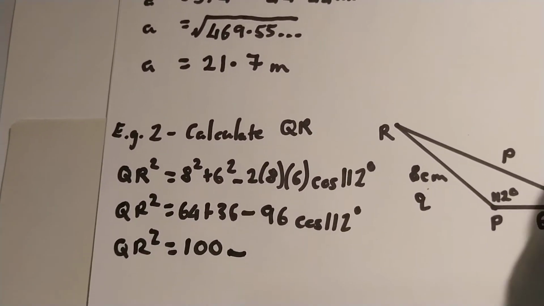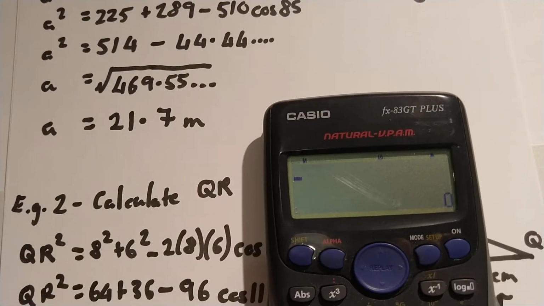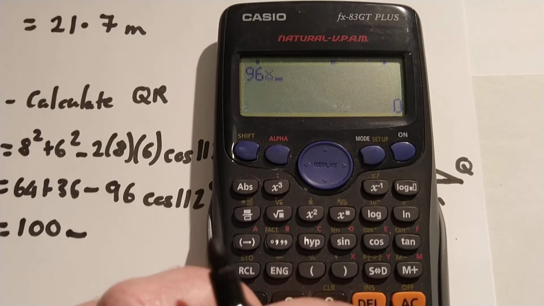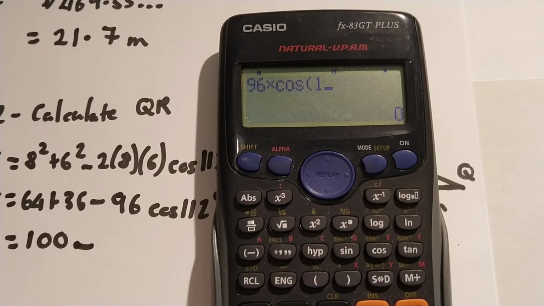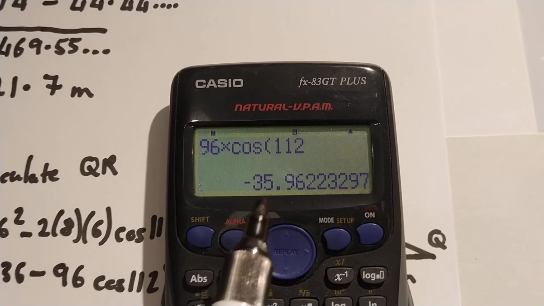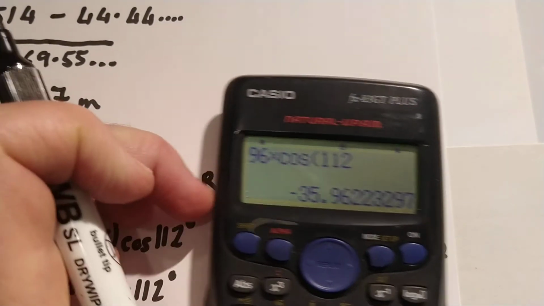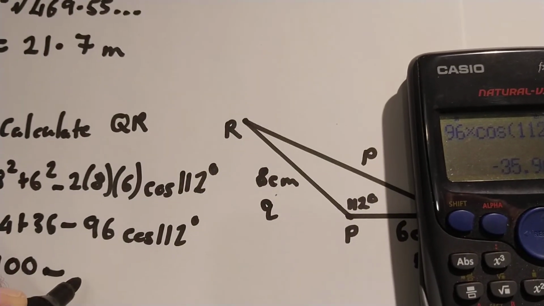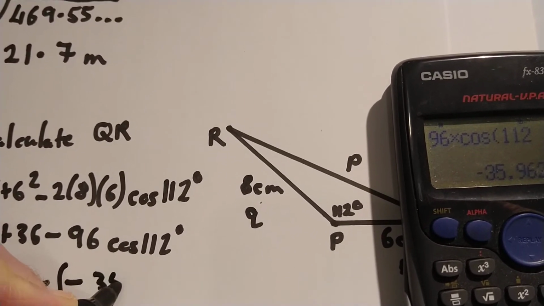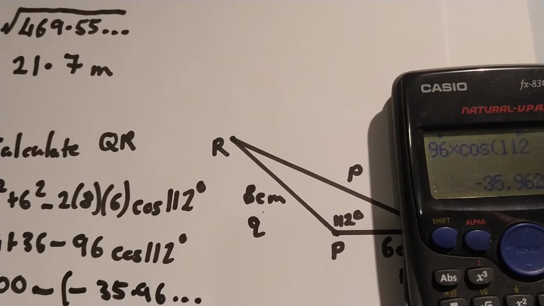Take away. And now when I reach for my calculator, when I do 96 times cosine 112, look at my answer, negative 35.96. Don't forget the minus sign there, because that means in here, it's take away negative. And again, I'm going to put 35.96. Don't need to worry about rounding off.